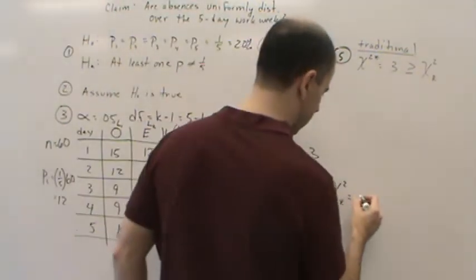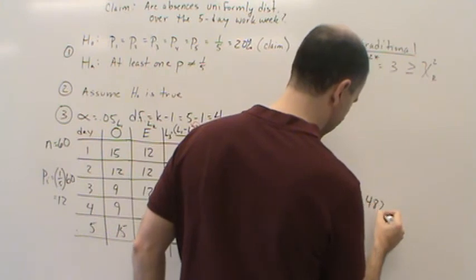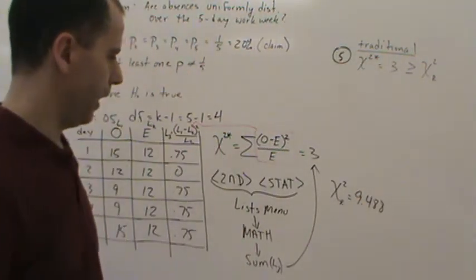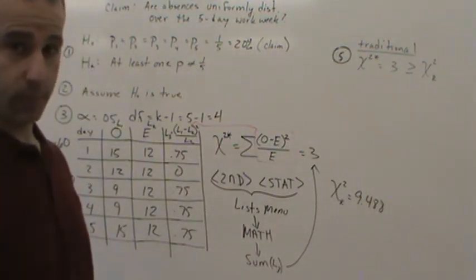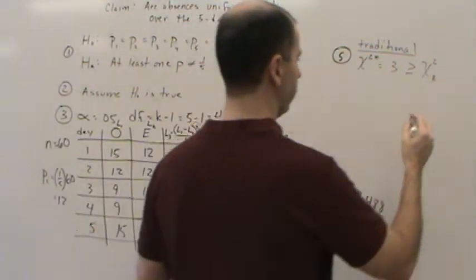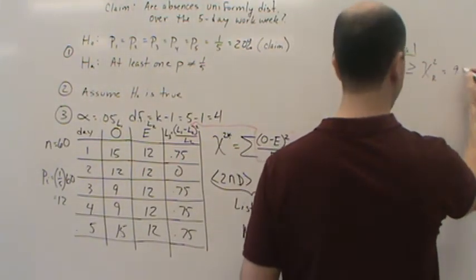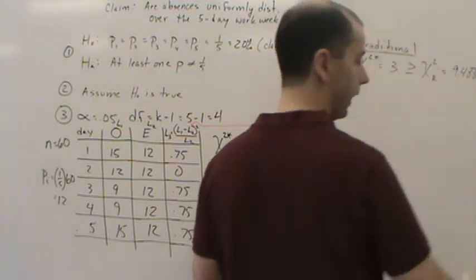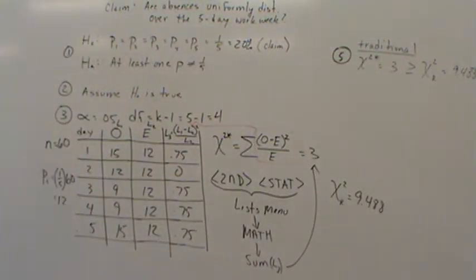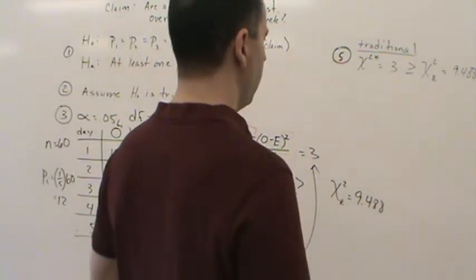So that's my chi-squared value, or critical value. Okay. So this is equal to 9.488. Do I have it on there? Yeah, barely.